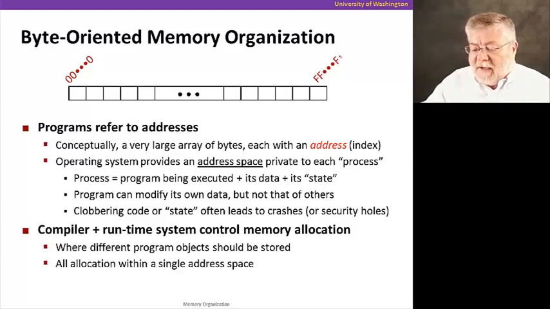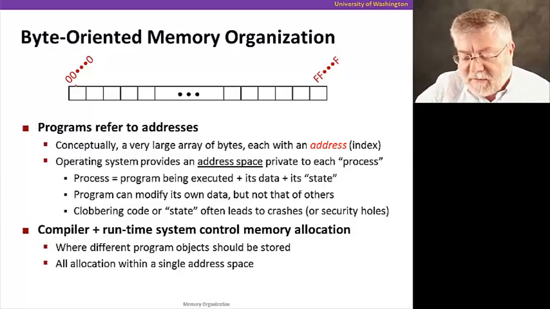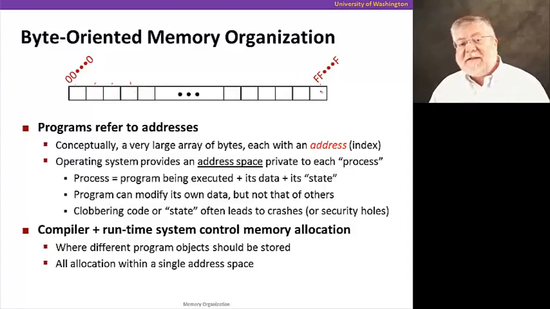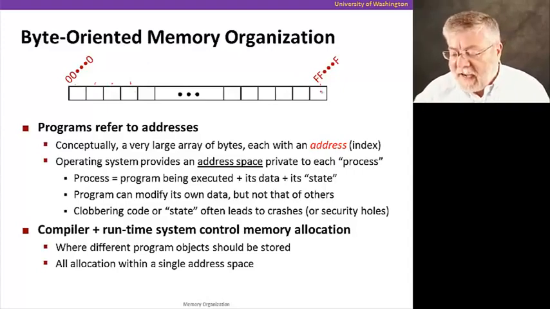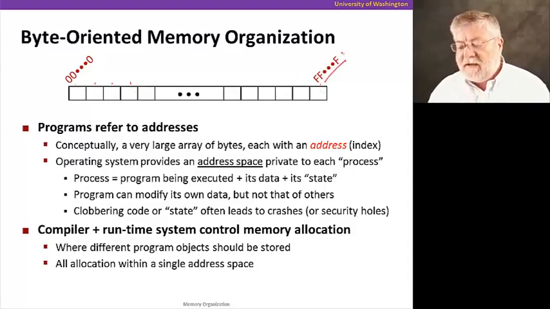All right, so basically we have a byte at the start, followed by another byte, another byte, another byte, all the way to the end. How many bytes do we have? Well, that depends on how many bits we have in the address. We're going to see that we have 32-bit machines that use 32-bit addresses, and the more modern 64-bit machines that use 64 bits of address.